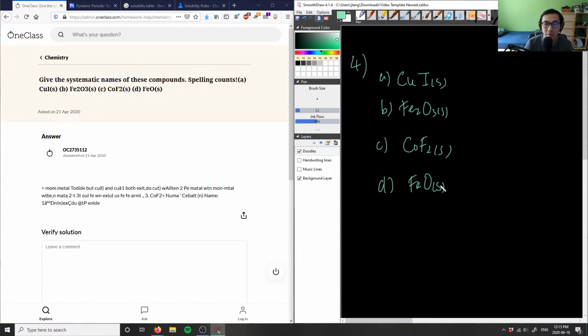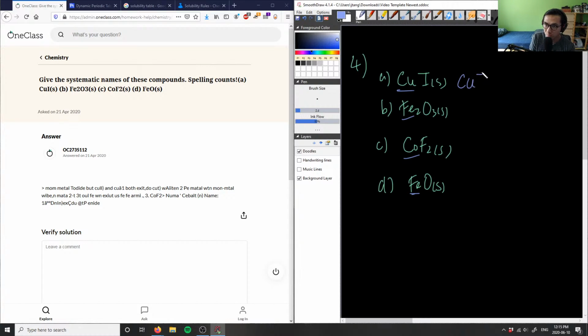So all these guys here are going to be multivalent metals, which means they can exist in one or two or more charges. So we need to figure out, okay, how do we figure out these charges here? What I would do is dissociate or break down these compounds into their ion form.